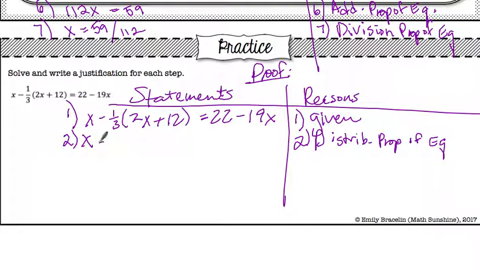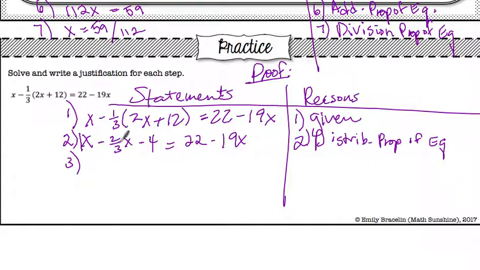Okay, so you have x minus 2 times negative 1/3 is negative 2/3. So you have x minus 2/3 x minus 1/3 of 12 is 4. 12 divided by 3 is 4. So you've got minus 4 equals 22 minus 19x. Okay? Then I have 1x minus 2/3 x. Okay?